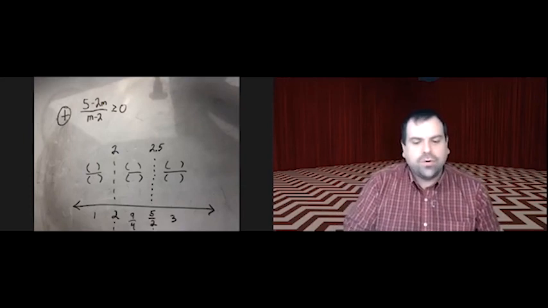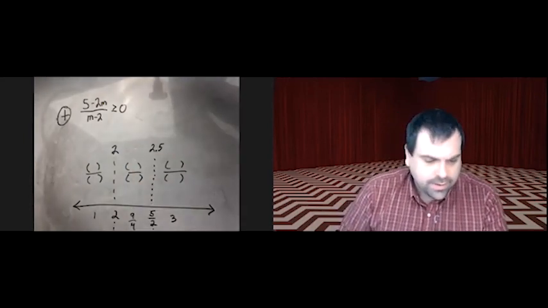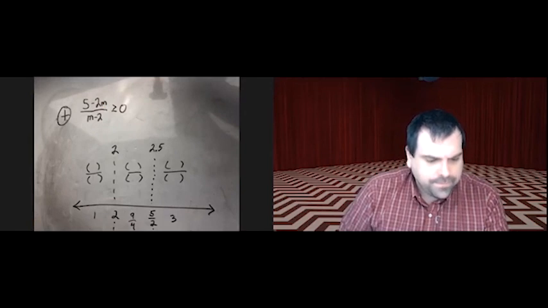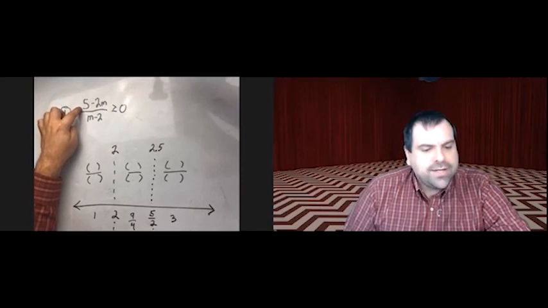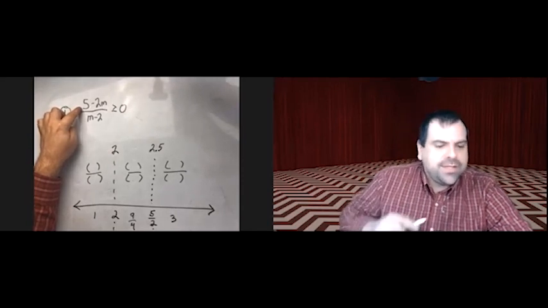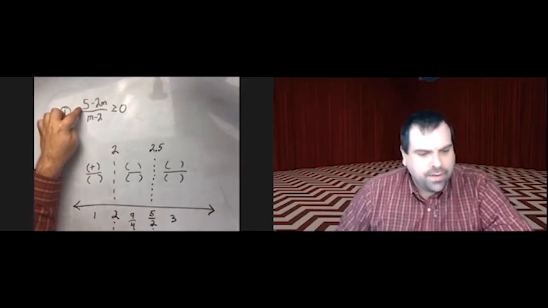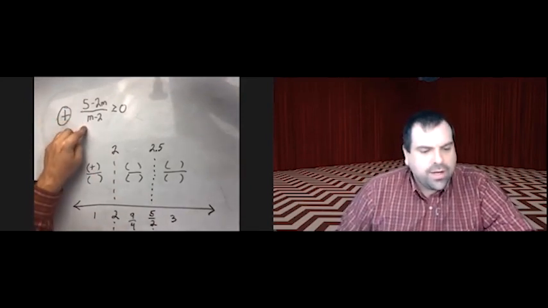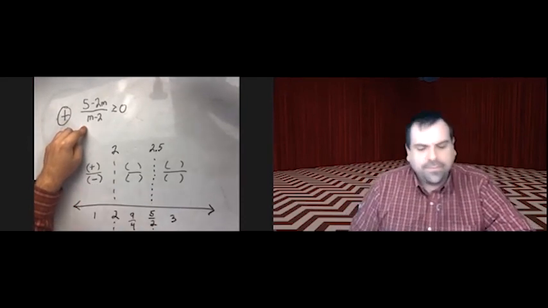I picked 9 fourths, which happens to be 2.25. When I plug 1 in, 5 minus 2 times 1 is 5 minus 2 is 3, which is positive. When I put 1 in, 1 minus 2 is negative 1. That's negative.